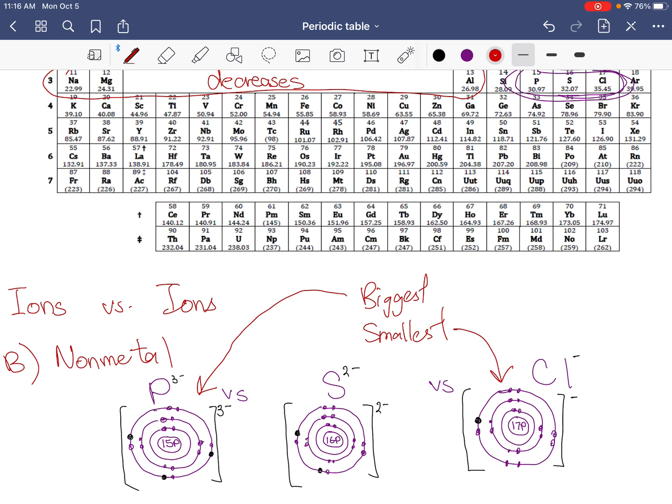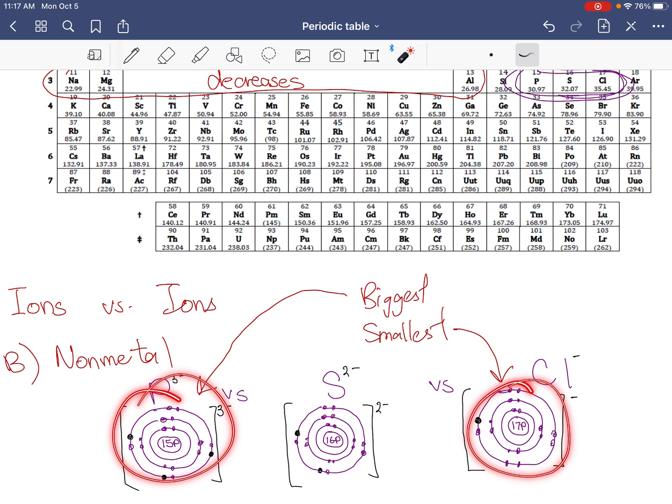Check this out. In this case, what can you say about the ionic trends? Okay, so it looks like in terms of the trends here, this is the biggest, this is the smallest.